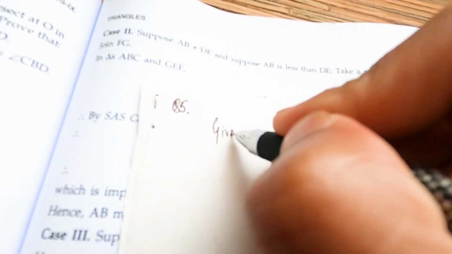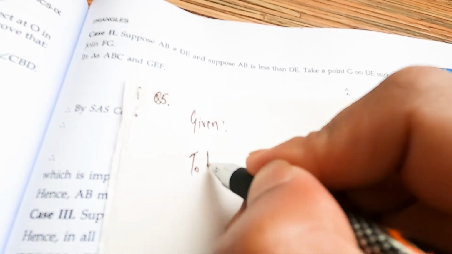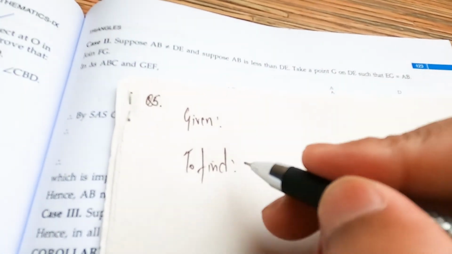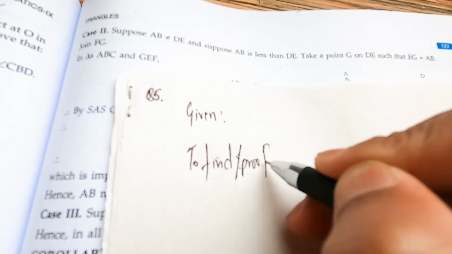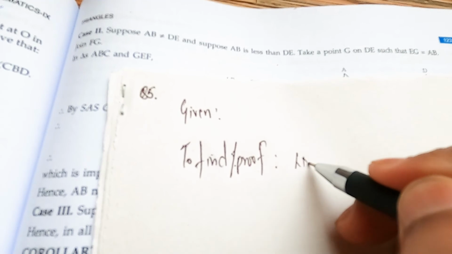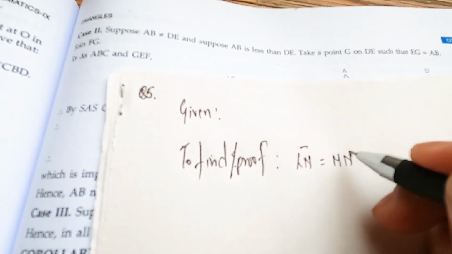Given, you will write it down by yourself. Then to find, or to prove, that side LN is equal to side MN.